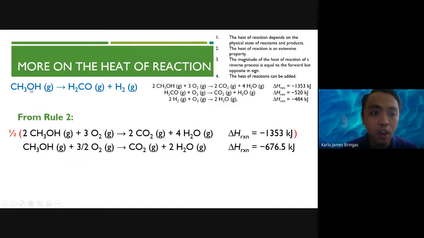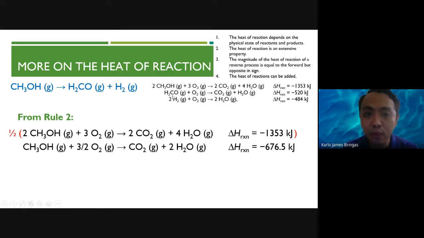Now moving on to the next one, we can look at H2CO next. The H2CO in here has a coefficient of 1. From our data, we're given a thermochemical equation na may H2CO din. It's the second one that we have over here sa ating right side.